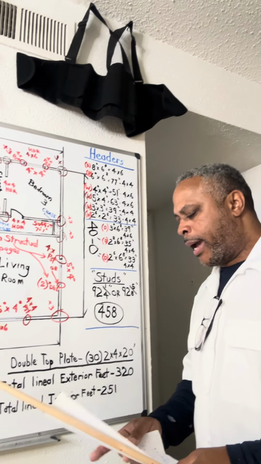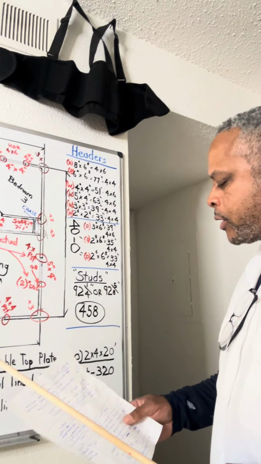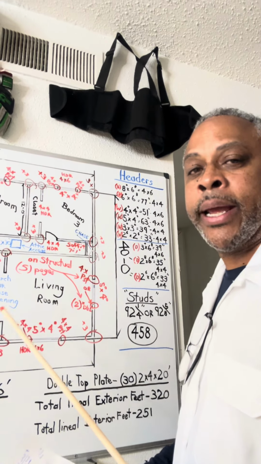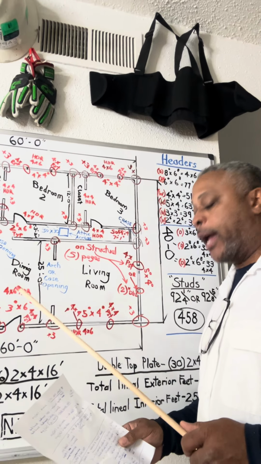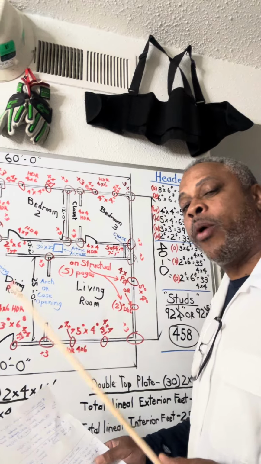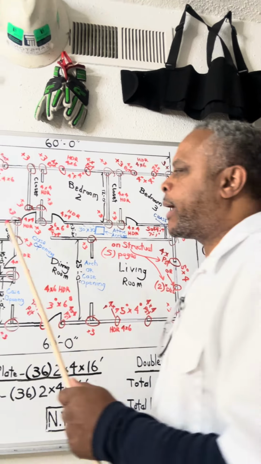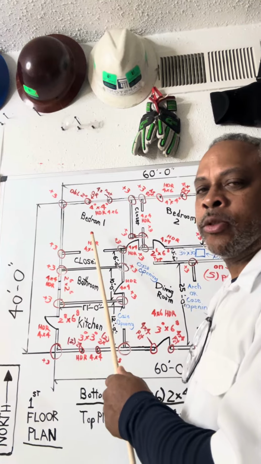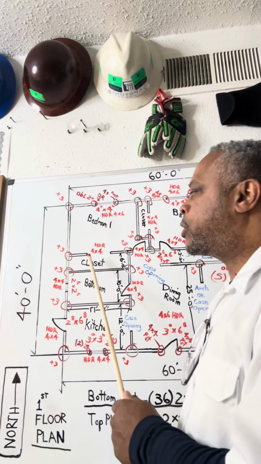So my header sizes, I have 4x6. I have 3 4x6s on this plan. 3, okay? And they're 51 inches. I have one 4x6 that's 101 inches. Why is that? Because I got an 8-foot closet opening here. This closet is like the master. I just put bedroom 1. But it's a bigger closet.